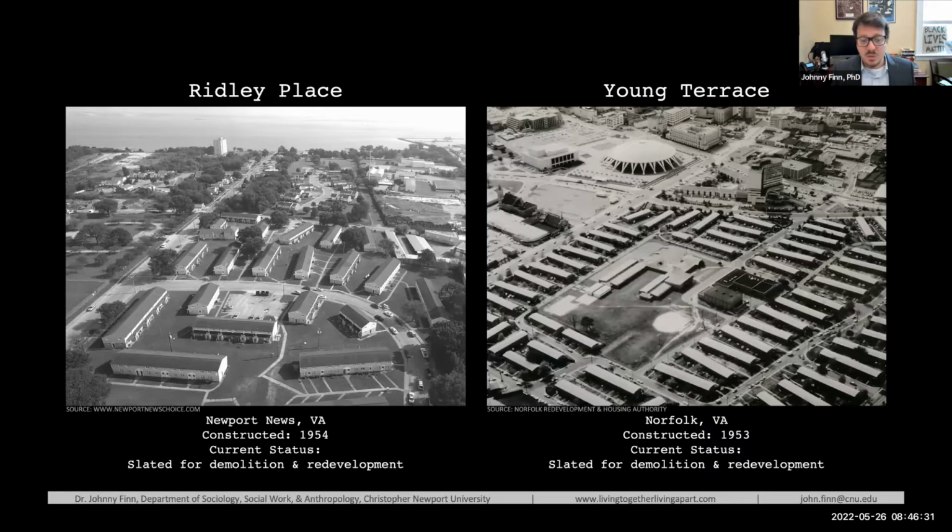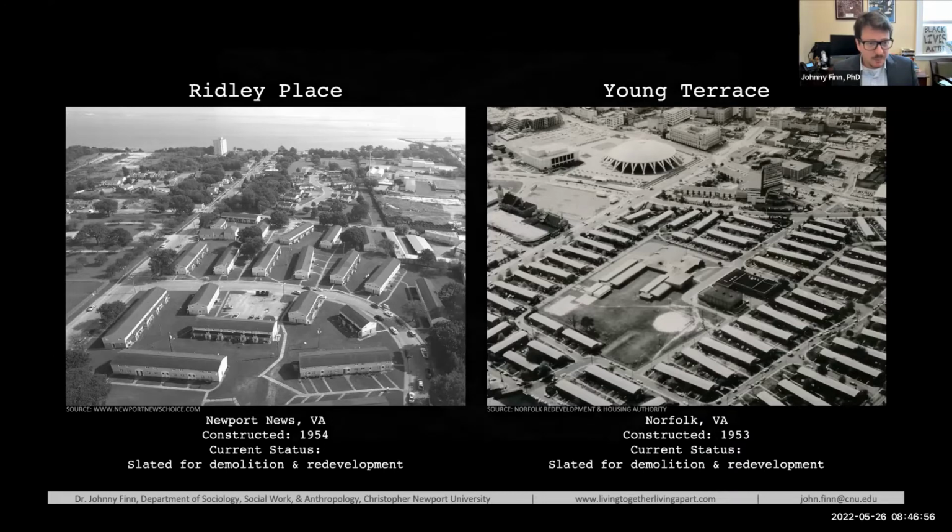And as we know now with hindsight, these redlined neighborhoods, in the 1940s and 1950s, were the soon-to-be deindustrializing urban core of cities all over the country. And so we have housing policy that's geared towards building public housing for African-American and other non-white families in the urban core of cities.